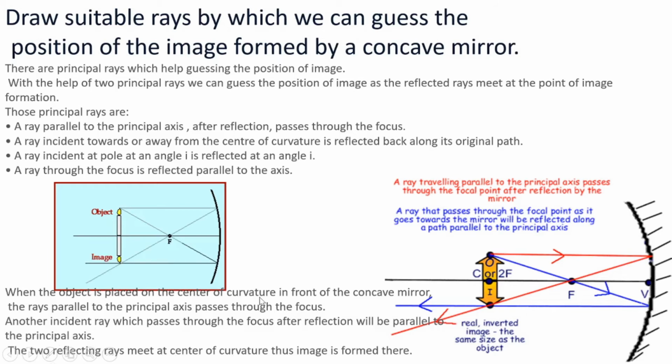This is the first incident ray, this is the second incident ray, this is the first reflected ray, this is the second reflected ray. As the incident ray is parallel and the reflection is through the focus, the two reflected rays meet at the center of curvature, thus the image is formed there, and the image is forming here.